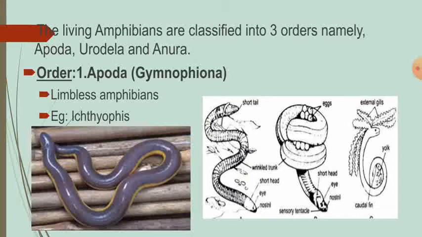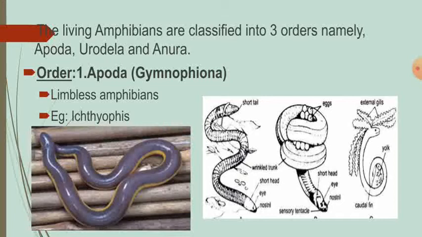Here the eyes are non-functional and are buried beneath the skin or under the skull bones. The middle ear is also absent. In the head region, between the eye and nostril, there are sensory tentacles. So sensory tentacles occur between the nares and eyes on the head.